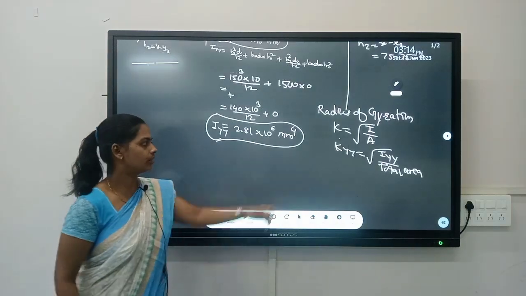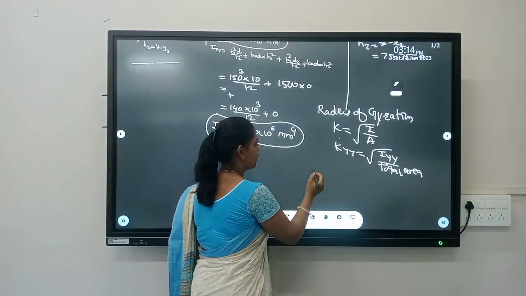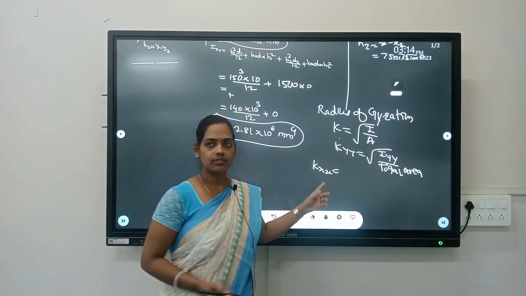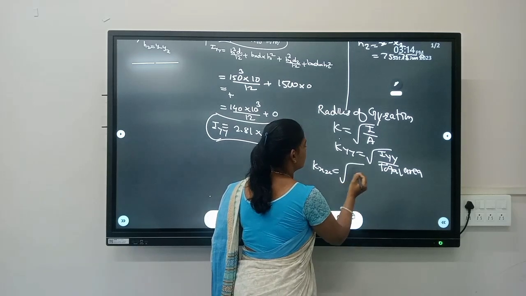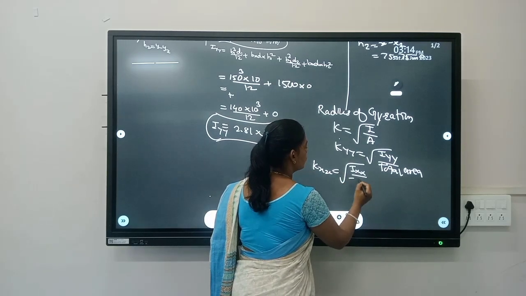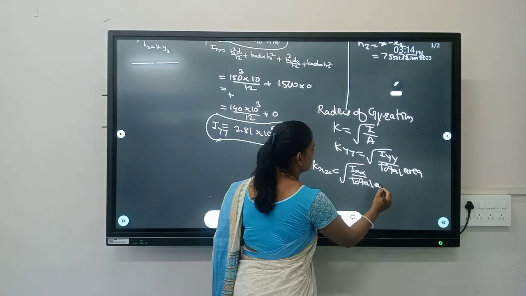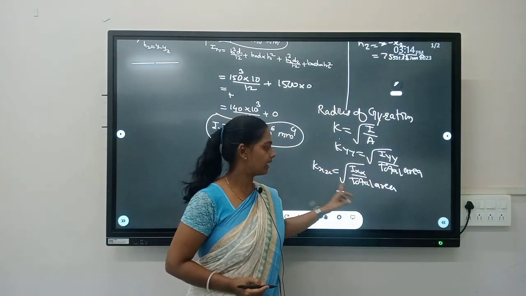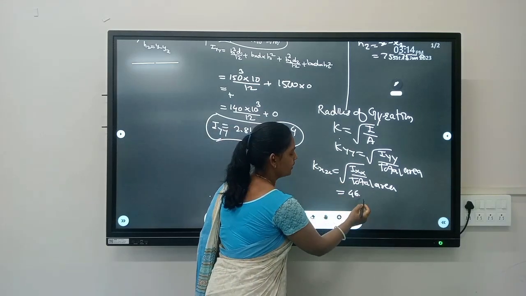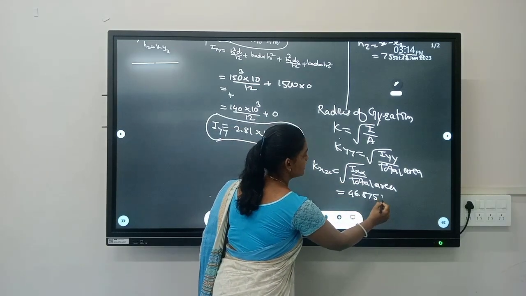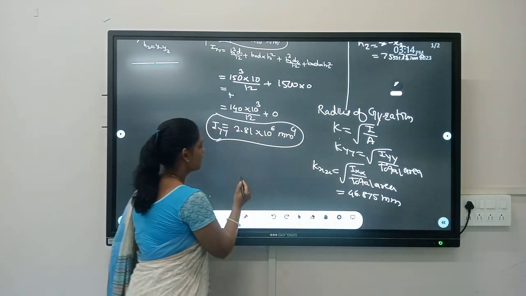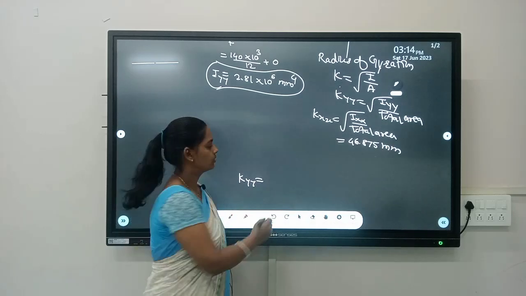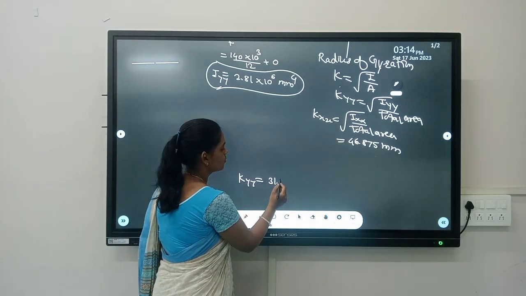So, as such you may calculate. Tell me value for Kxx. What is the value for Kxx? Under root Ixx divided by total area. So, just put all the values and tell me value of Kxx. 46.875. It is in mm. And similarly, tell value of Kyy is equal to 31.12 mm.